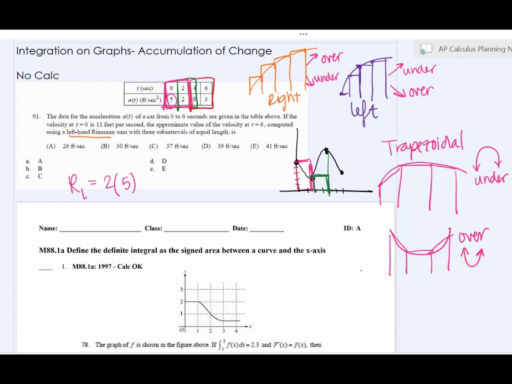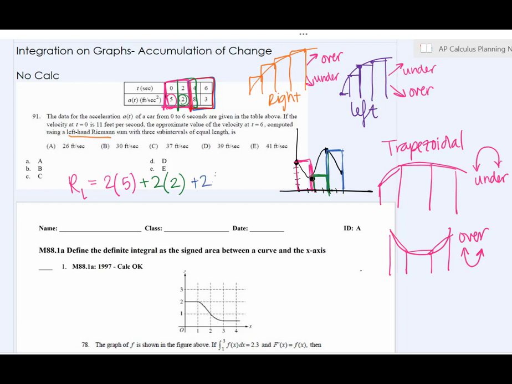So this one's going to be a pretty drastic underestimate. We still have a width of 2, but in this scenario, our height is that y value for my left term. I'll actually use a blue for this last rectangle just to get a little bit of color differentiation. This guy's going to be a pretty drastic overestimate because between these two, I'm going to go all the way up to that left-hand height of 8.